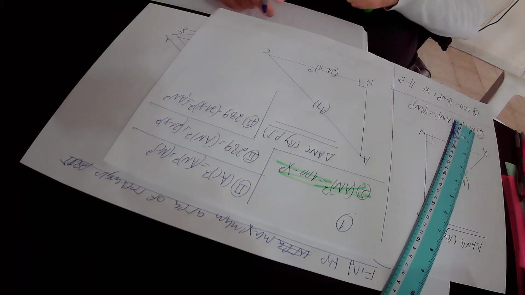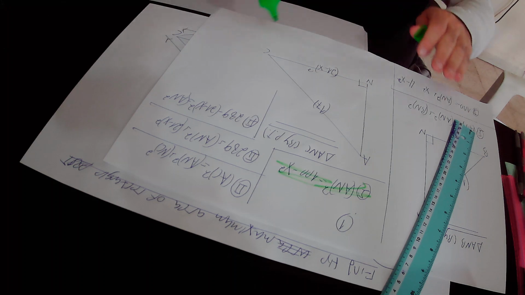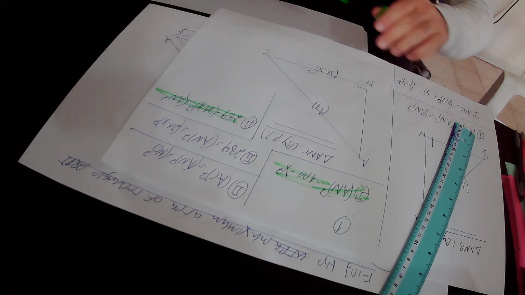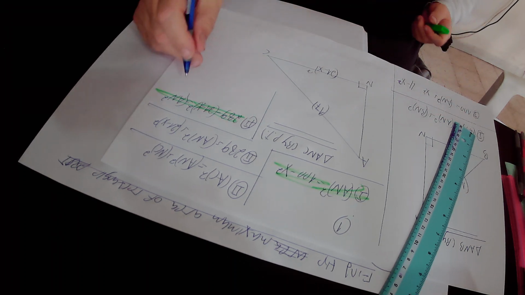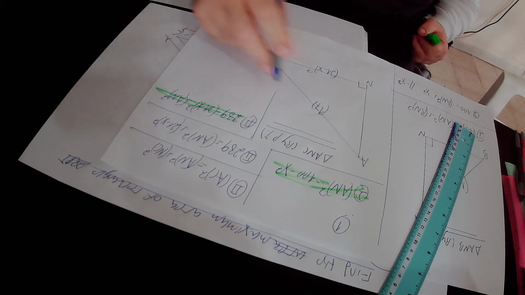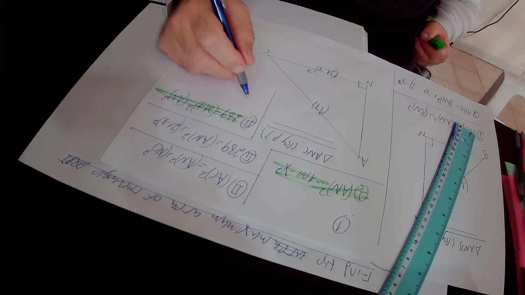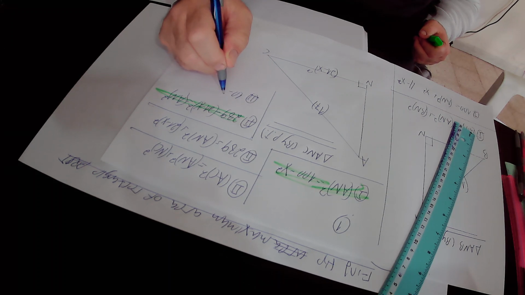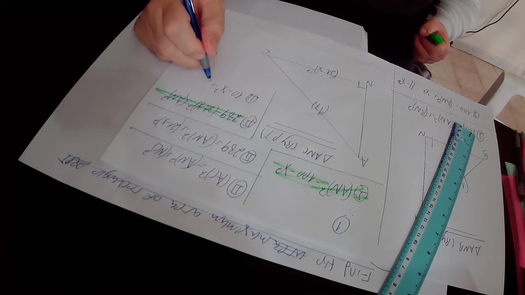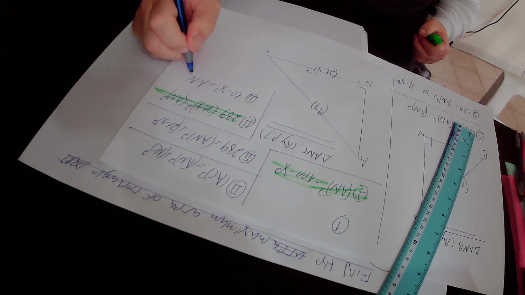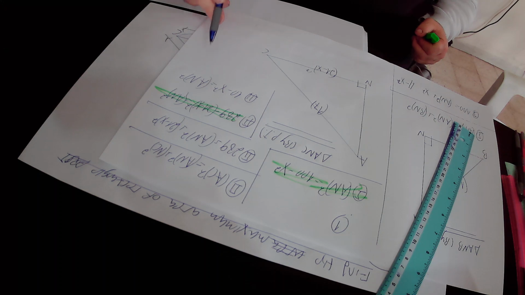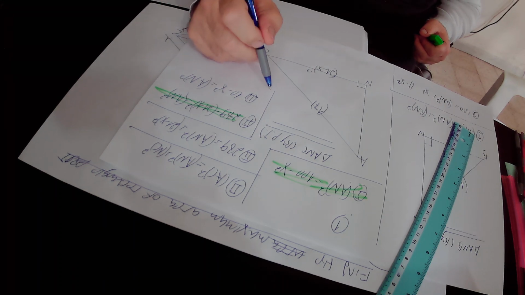While according to equation 1, we have already found out that 100 minus x square equals AN square. So we have two equations for the value of AN square.